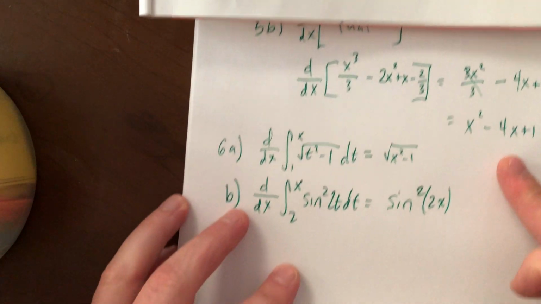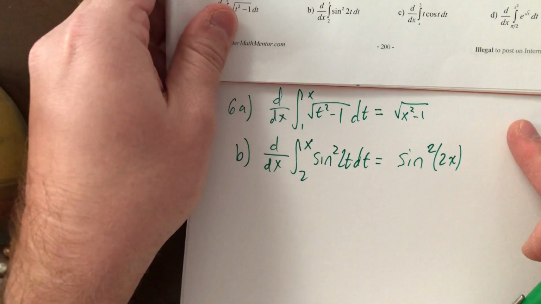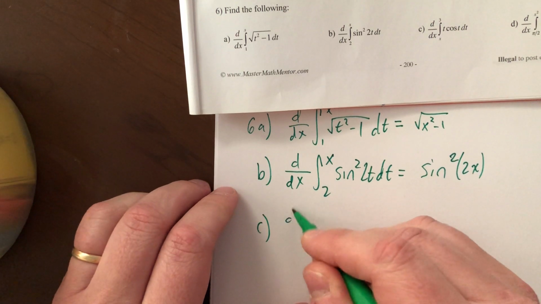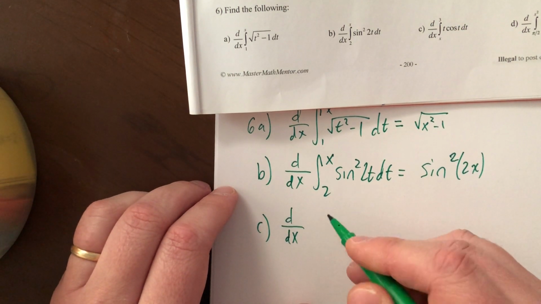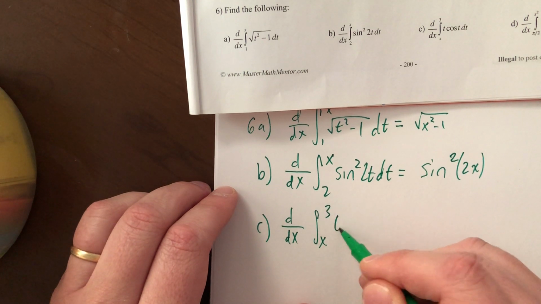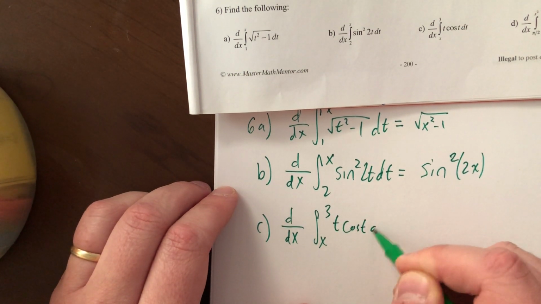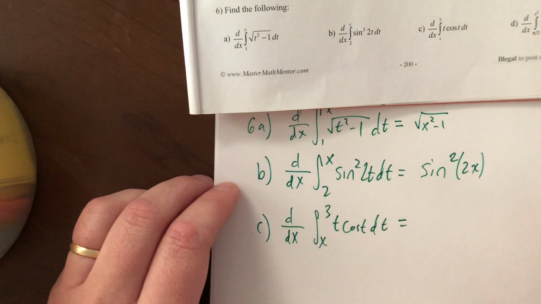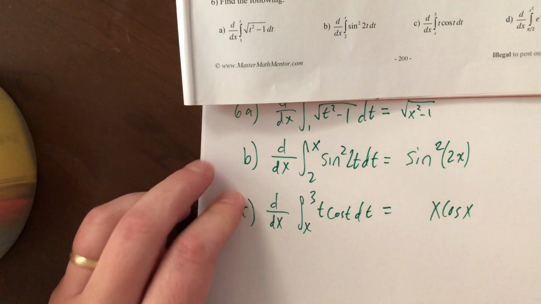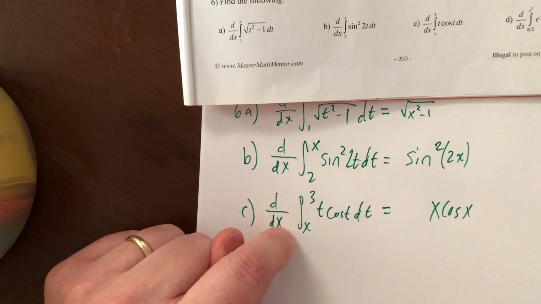C and D kind of turn it on its head a little bit, so let's make sure that we make sense out of these. This time it's not just x cosine x, because the x wasn't on the top, the x was on the bottom.